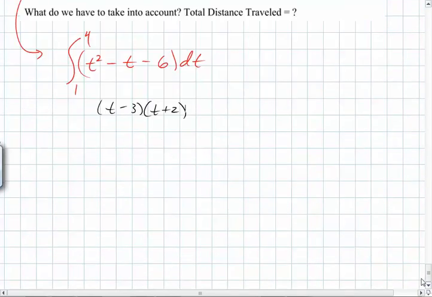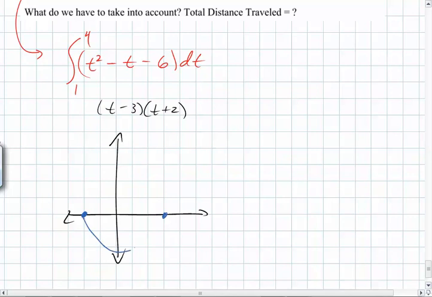3 and -2. So let's just take a look at this. If we were to graph this, is it concave up or down? Up, because the leading coefficient is positive. So it's going to look something like this, right? Agreed? And we're looking at it from what to what? 1 to 4 right here. This is actually steeper than this, isn't it? x squared is pretty steep.